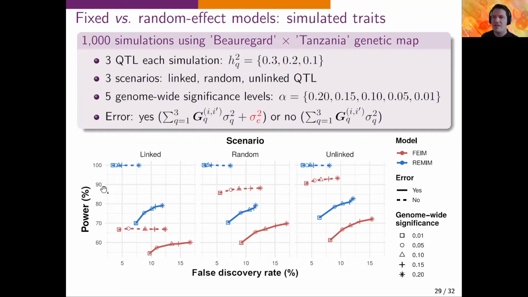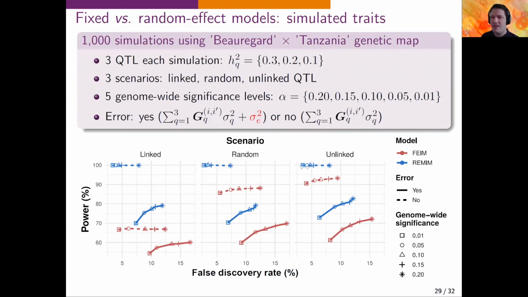Where the fixed effect model stays around 60% of power, whereas random effect model can be up to 70 to 80. So being more conservative leads to a relatively lower power, but it also decreases the false discovery rate, right?